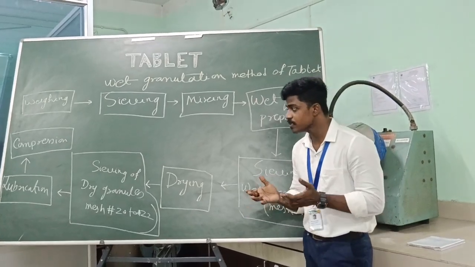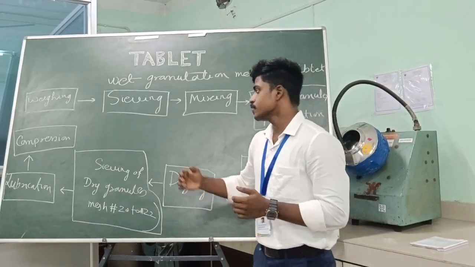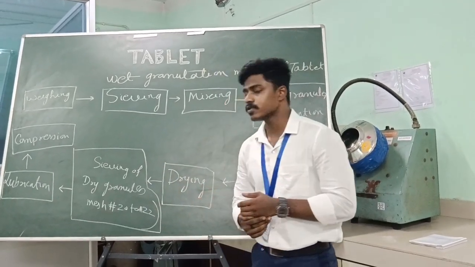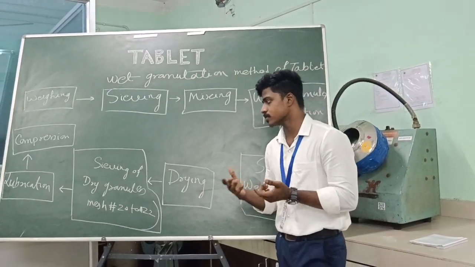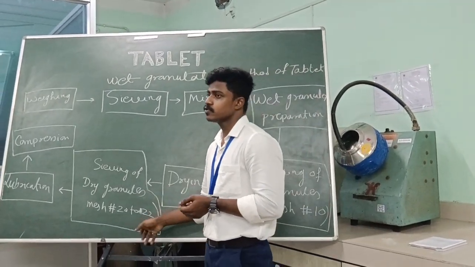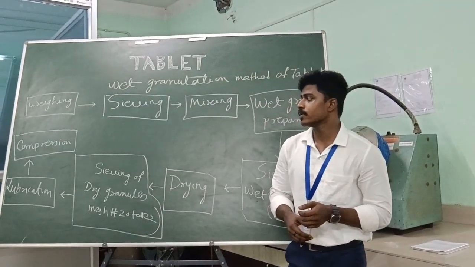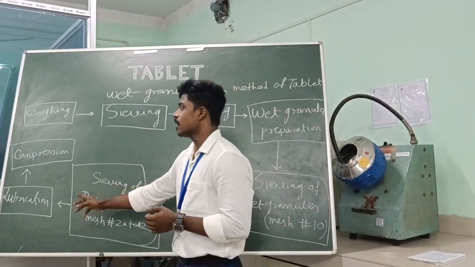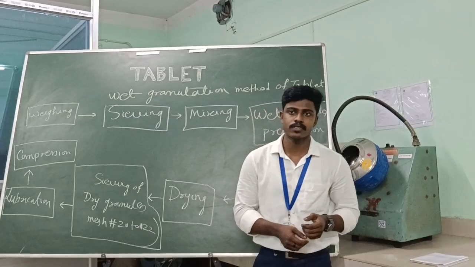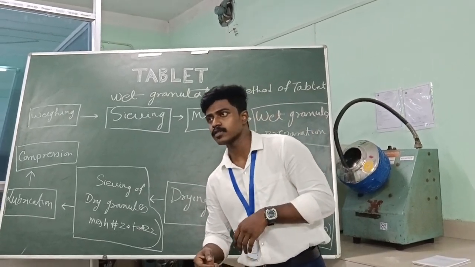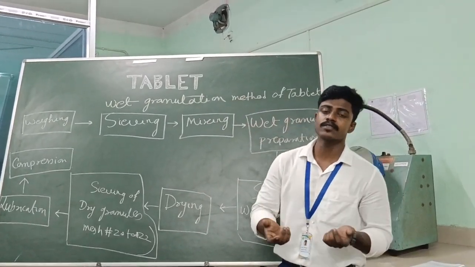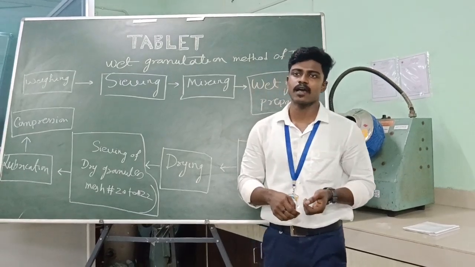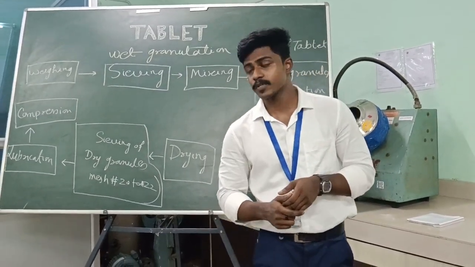If this is okay, then we have to sieve the dry granules through mesh 20 to 22. Next, we have to mix some lubricant here, which is called lubrication, which helps these granules not stick to the punches of the compression machine.